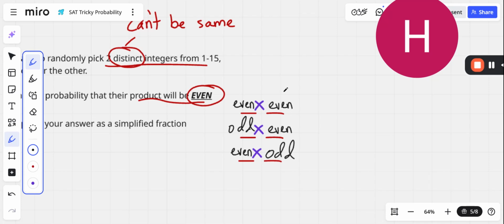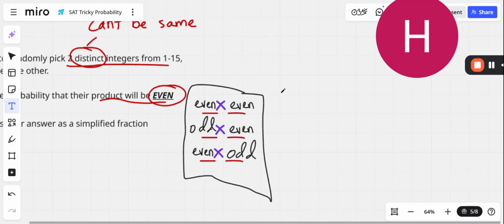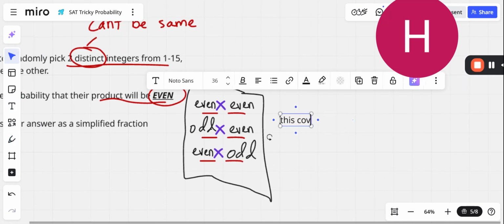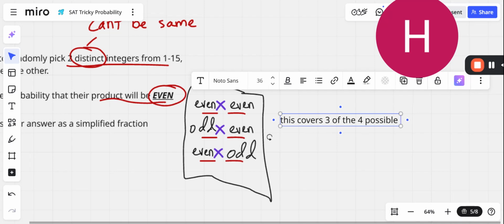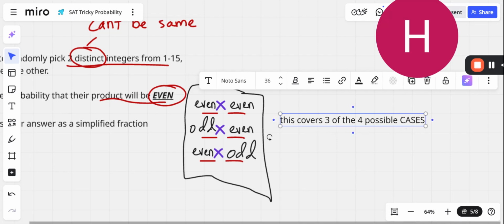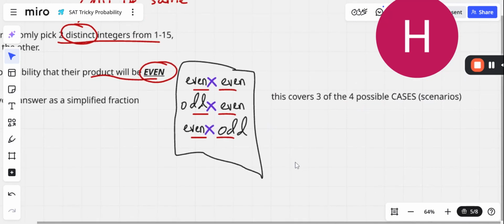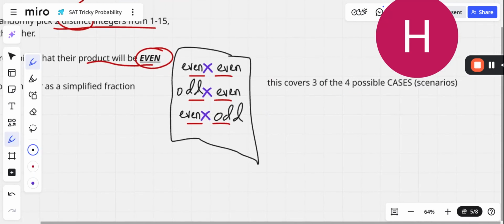Because we've already covered 3 of the 4 possible situations. This covers 3 of the 4 possible, how should we say, cases or scenarios. The only way that we can multiply two integers is if we have an even times an even, or an even times an odd, or an odd times an even, or an odd times an odd.